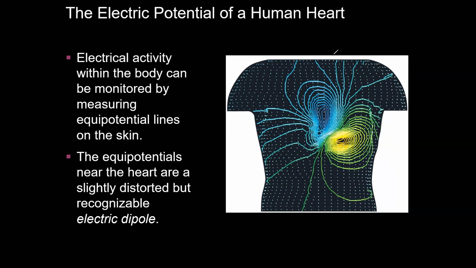I know there's a lot of magnetic effects in the brain, but you can map the electric potential surfaces of the human body from the fact that we're modeling the human heart as an electric dipole. The little electrical components in the heart create kind of a dipole shape, and we can see that picture. So that's an interesting picture. But yeah, these are the types of visualizations that we want to do.